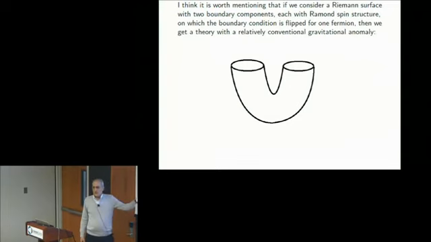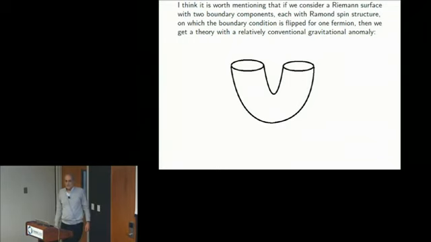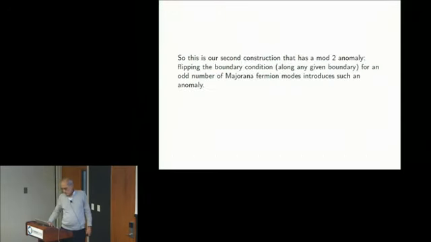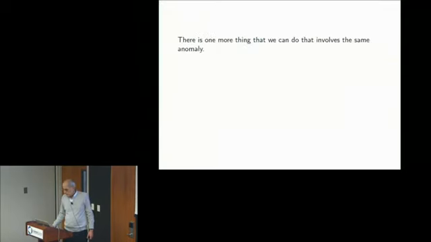You can make a diffeomorphism that exchanges the two circles, so it's trying to exchange the two fermions. And it will reverse the sign of the fermion path integral, since those two zero modes anti-commute. So that's our second construction with the mod 2 anomaly. Flipping the boundary condition for an odd number of Majorana fermions induces such an anomaly.